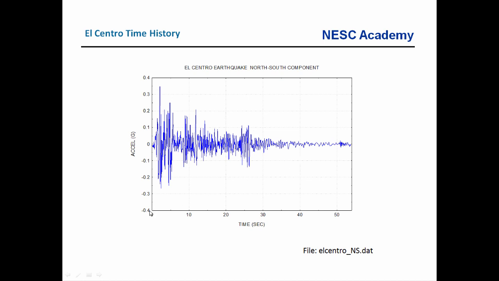You see this signal stretches out to over 50 seconds. So there's a lot of low frequency energy there, and that creates high displacements. So this is a concern, and it does have severe damage potential for buildings and bridges and those types of structures.